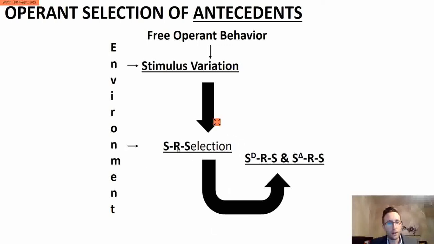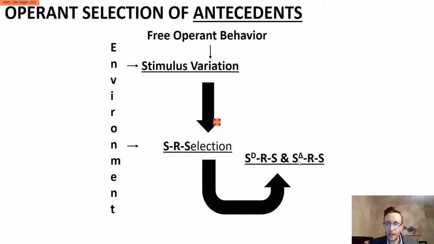So you have a response producing a consequence in the presence or absence of a stimulus. And what can happen is that the particular stimulus that's correlated with the availability of a consequence for a given behavior becomes an SD.